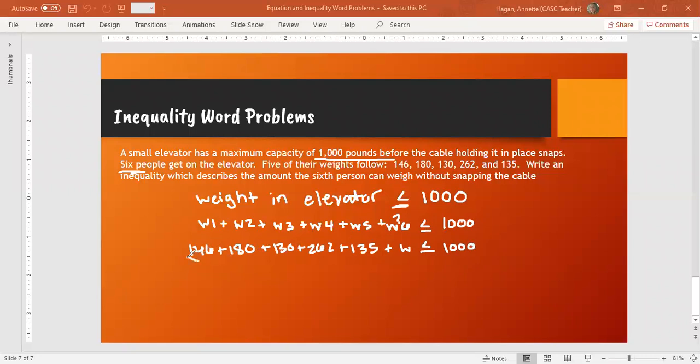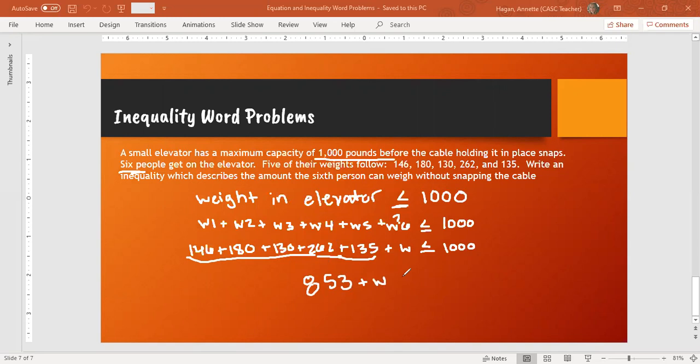So to solve this, we're going to add all these up. I'm going to get my calculator, and I'm going to type in 146 plus 180 plus 130 plus 262 plus 135. So we get 853 pounds are in this elevator so far.